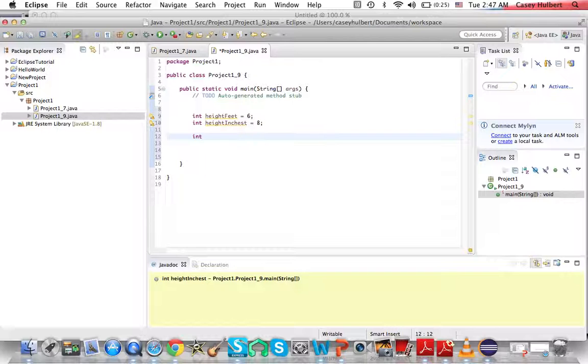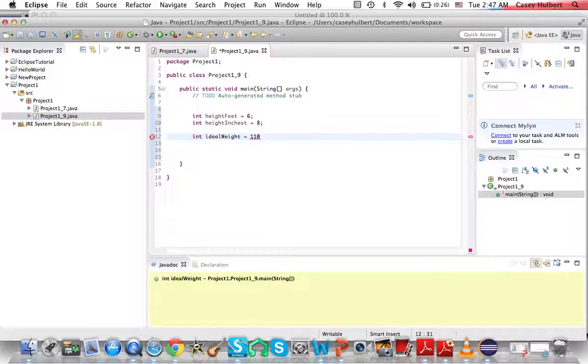Now we're going to put int ideal weight. That's just a variable, it's arbitrary. You could name it whatever you want, but to make it clear, we're going to put ideal weight. They said that the ideal weight is going to be 110 pounds for the first 5 feet.